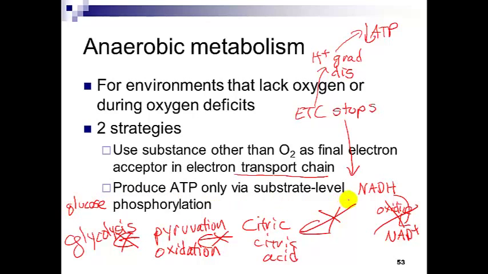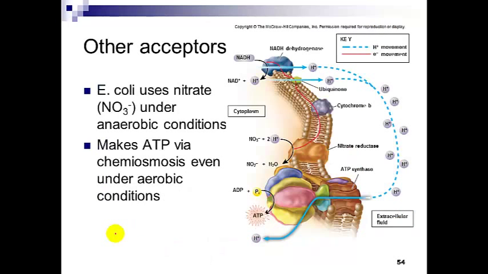So what we have to do is either find ways to get the ETC kick-started again, or at least find a way to get through step 6 of glycolysis so I can have that minimum number of 4 ATP generated, 2 ATP net, in order to withstand these oxygen-limiting environments. So the first example is anaerobic respiration.